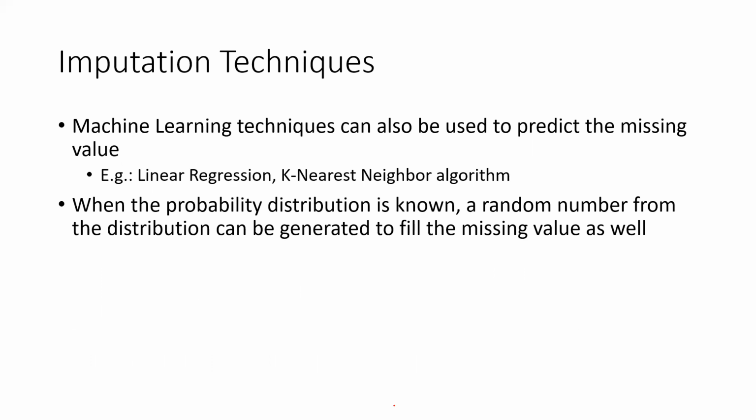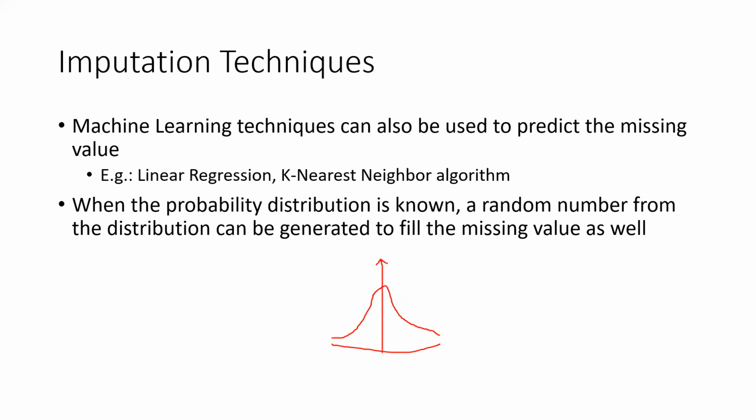So in that kind of case, what you can do is estimate the probability of having a particular height. Instead of taking the mean value, you can assume, for example, if you think that the height of a person follows a normal distribution, right?